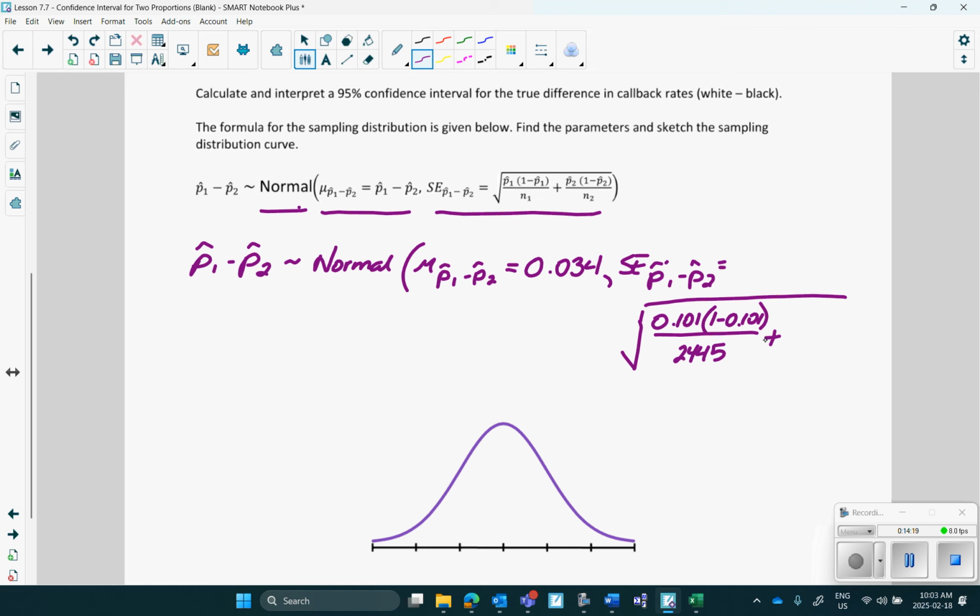Plus the proportion of commonly black names, or p hat 2, which was 0.067 times 1 minus 0.067, divided by 2445.